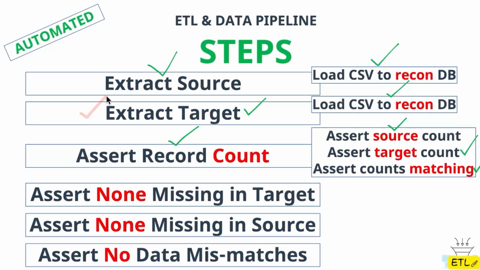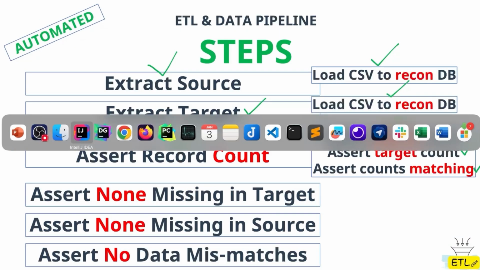Then in part 2, we checked how to extract the target and validate the load into the reconciliation database. So these two are done. Also, we did an assert record count on both the source and the target, and this is the bit we have to do in this video.